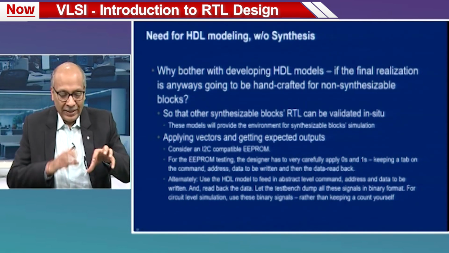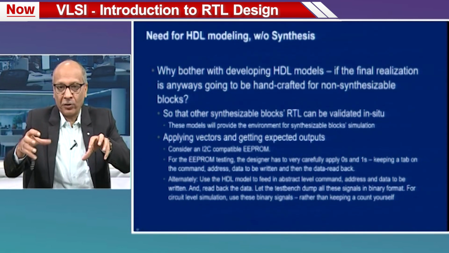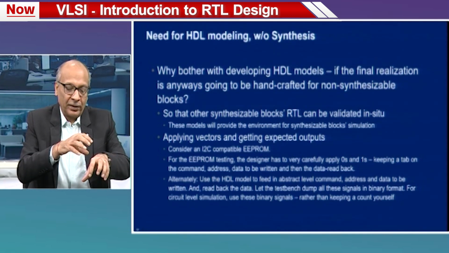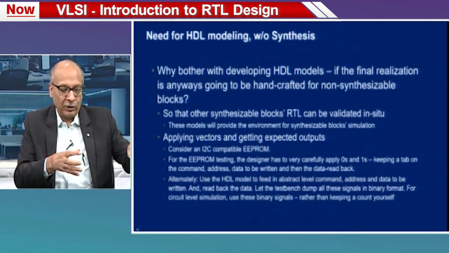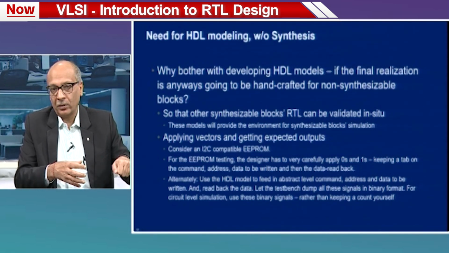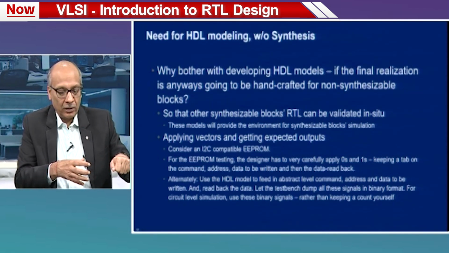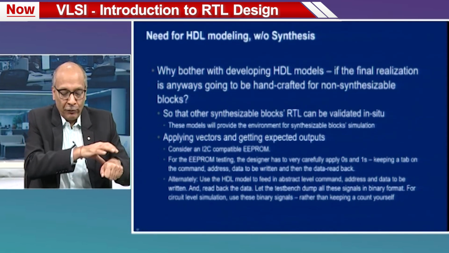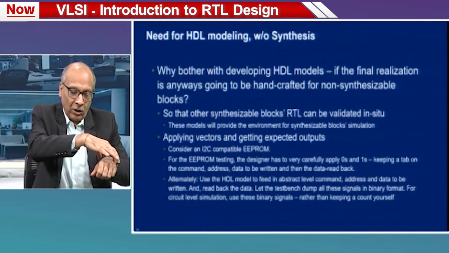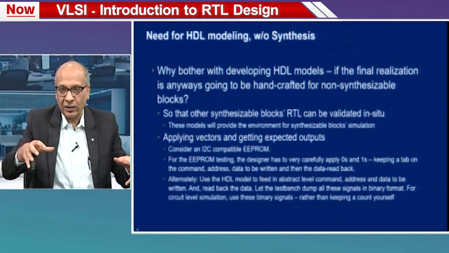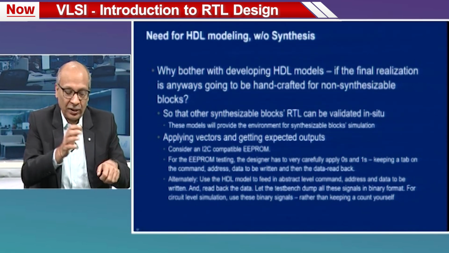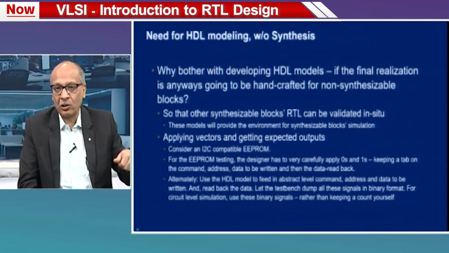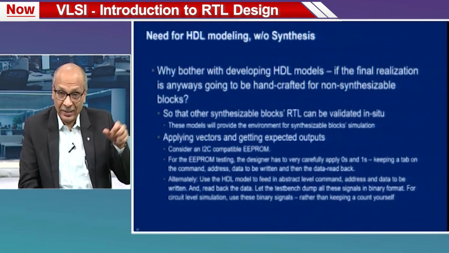Now, my design has lots of blocks. Nine of those blocks I can go through its RTL, but one block I cannot go through RTL. For me to verify those blocks, I need the whole design in HDL. That is why for simulation, for this 10th block also I might want to write an HDL, not the RTL but the HDL.